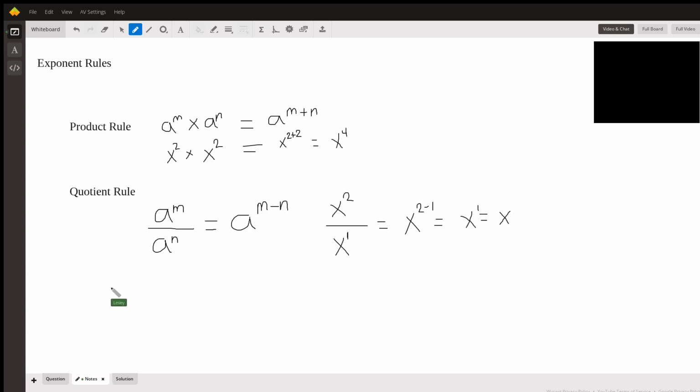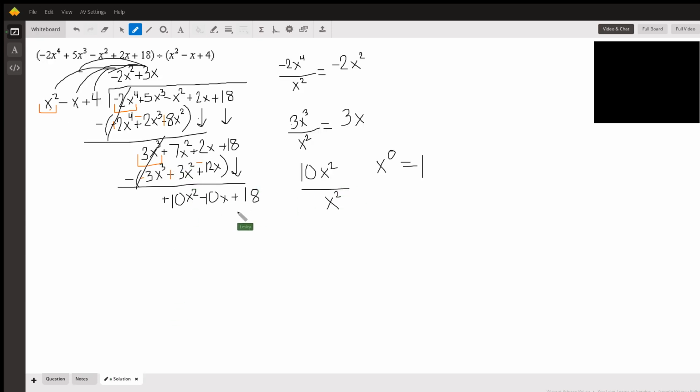This should be true for any number to the same power. Let's say a to the 1 over a to the 1 is equal to a to the 1 minus 1, which is a to the 0. And anything to the 0 power is 1. So it's just going to be 10 then. Since that's 1, 10 times 1 is just 10. So plus 10.